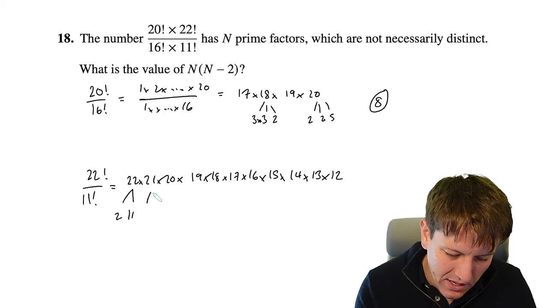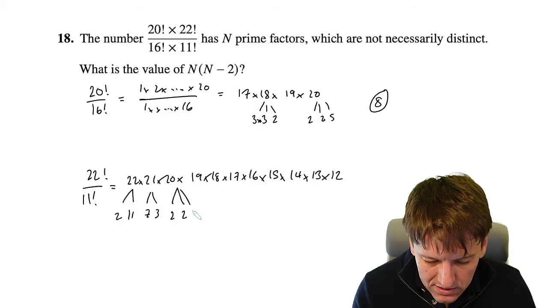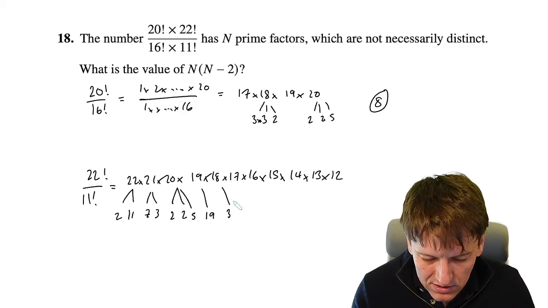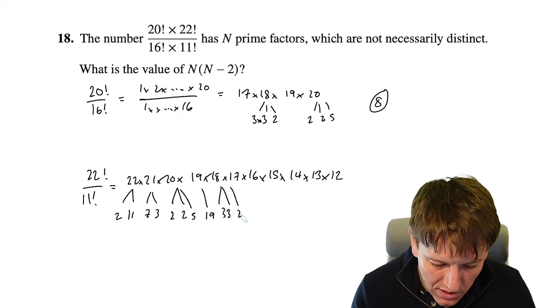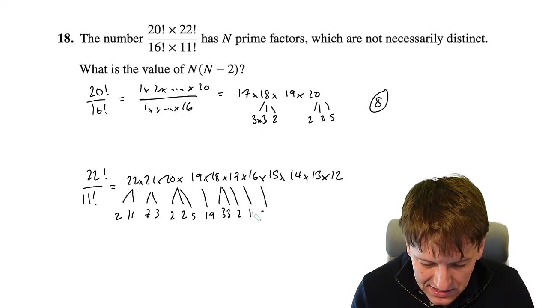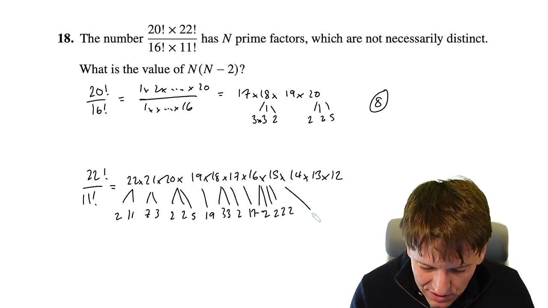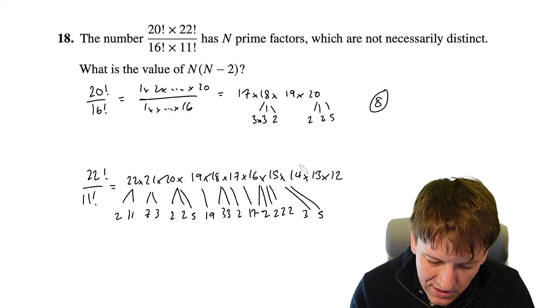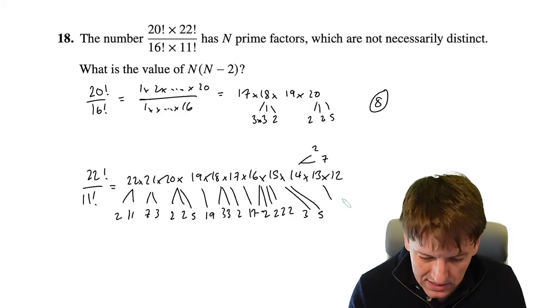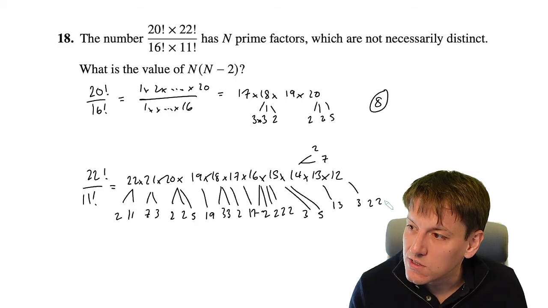I've got 22 is 2 and 11, 21 is 7 and 3, 20 again is 2 squared times 5, 19 is just 19, 18 is 3 squared times 2, and 17 is just 17, 16 has got 4 factors of 2, so actually I'm just going to count the lines later. 15 is 3 times 5, 14 is 2 times 7, 13 is just 13, and 12 here is just 3 times 4, so that's 3 times 2 times 2.